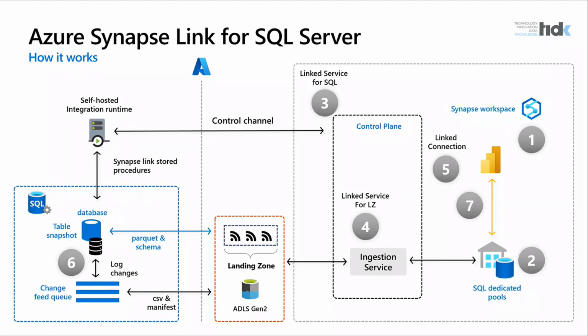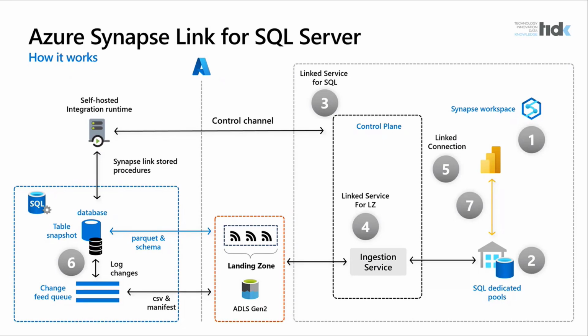And then our data in a table, which is joined by the link connection with our Synapse workspace, changes. All those changes will be replicated by the ingestion service through the landing zone directly to our dedicated SQL pool.